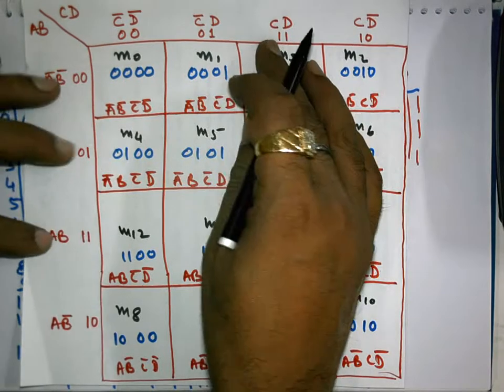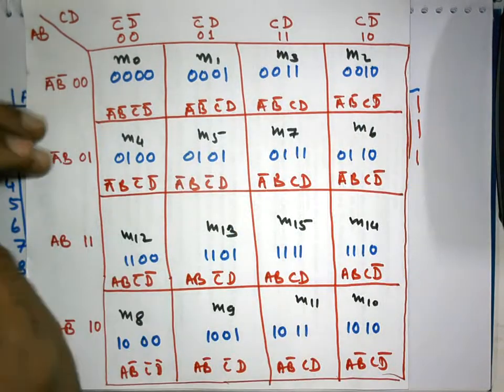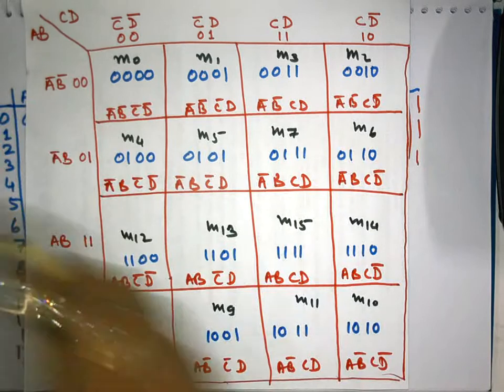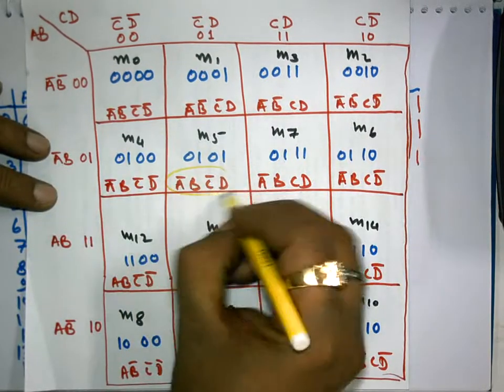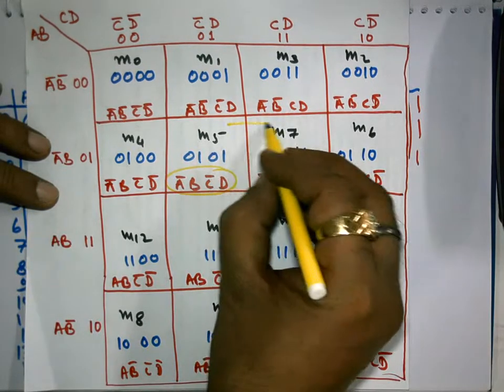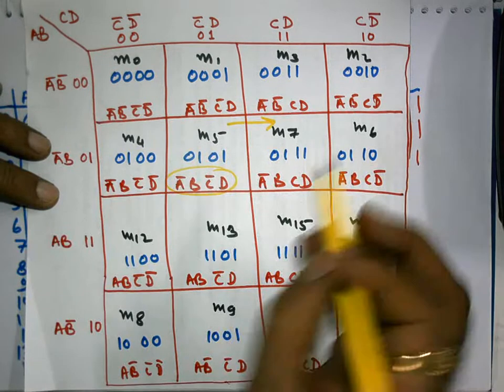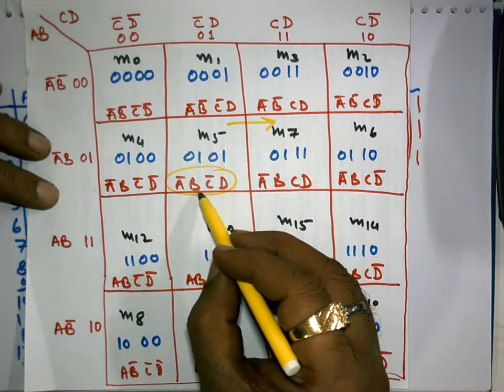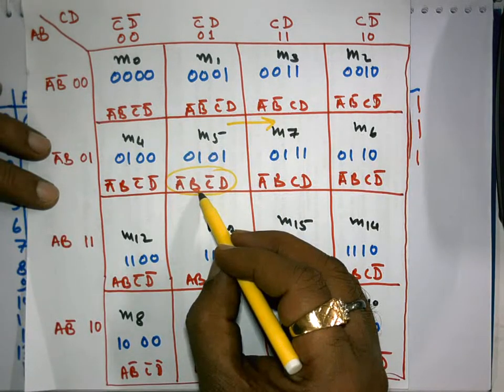Okay. If you simply look at the variable change, suppose you are staying over here, you are in the M5 cell, and you are roaming from M5 to M7. Which variable is changing? You observe which variable is changing?